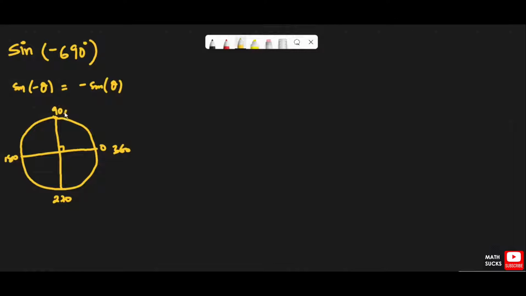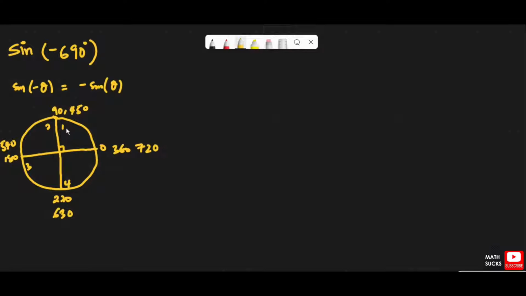If we move further, on the second rotation, this is 450, this is 540, this is 630, and this is 720. So we can observe that 690 is an angle that falls within the fourth quadrant. The first quadrant is this, then second, third, and this is our fourth quadrant.